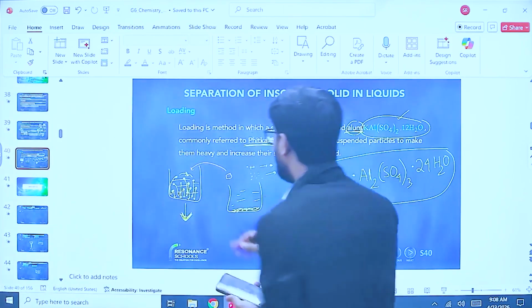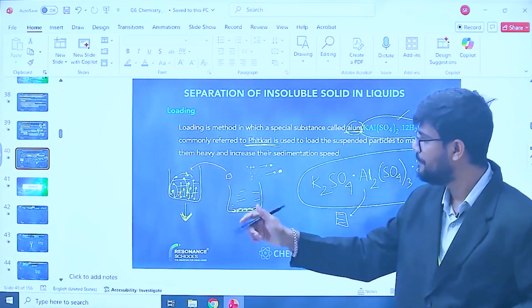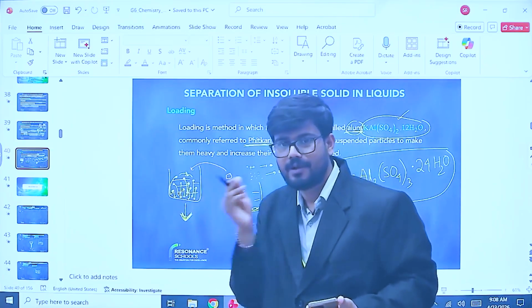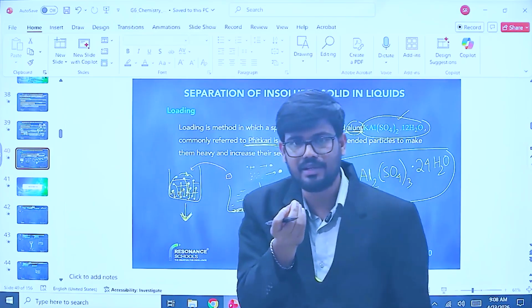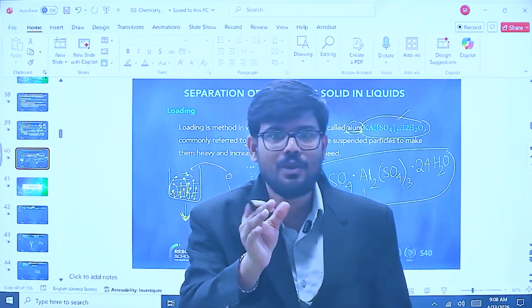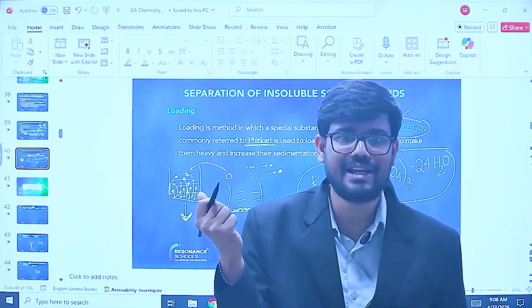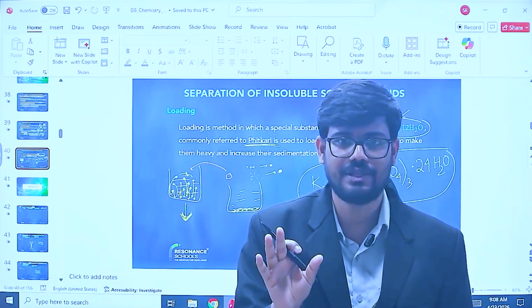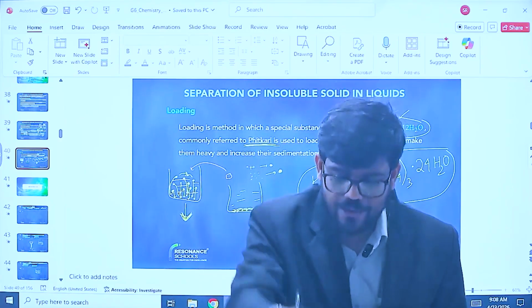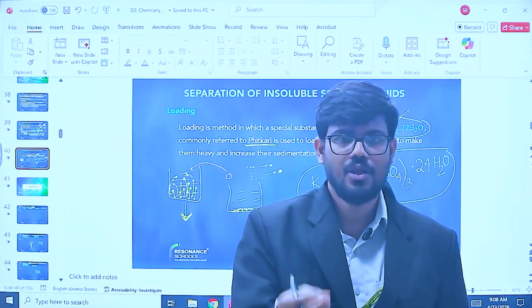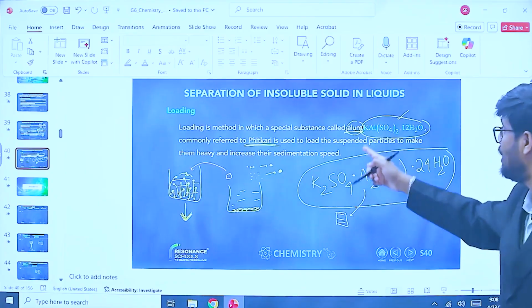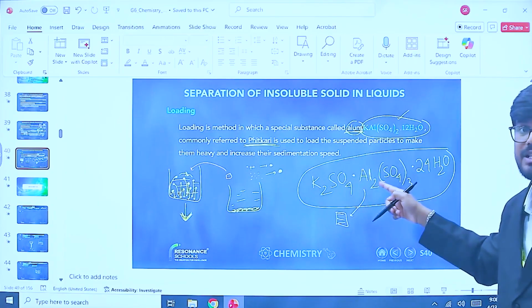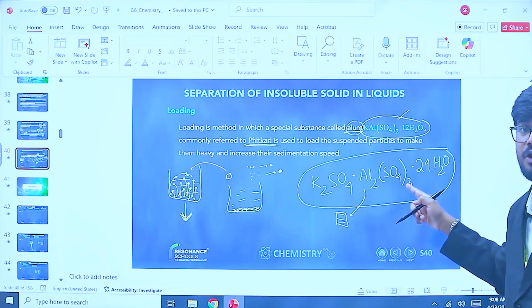See, loading, I explained in this way. Whenever we have small particles inside a liquid, we cannot follow sedimentation and decantation, because the particles are very small. They cannot go down, they cannot settle. That's why we have to use a reagent like alum, potassium aluminum sulfate with 24 molecules of water.